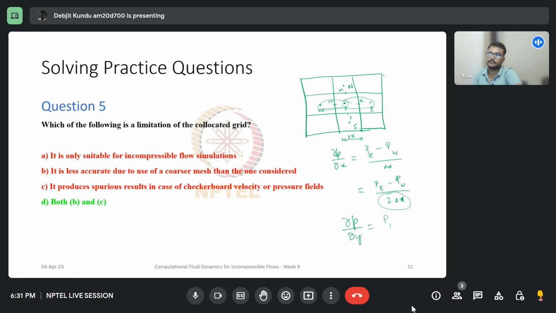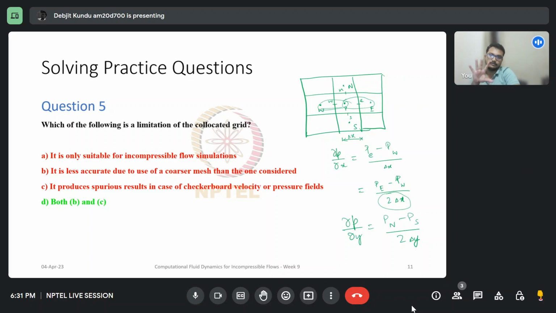This would end up being Pn minus Ps divided by 2 delta y. So essentially we are using a coarser mesh which has the small division equal to 2 delta x and 2 delta y, where delta x and delta y are the grid spacings in the actual mesh being used.